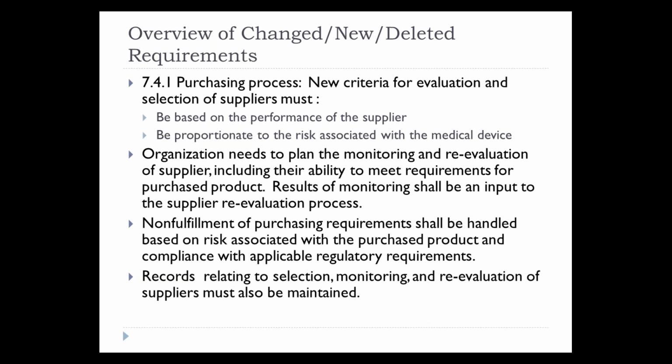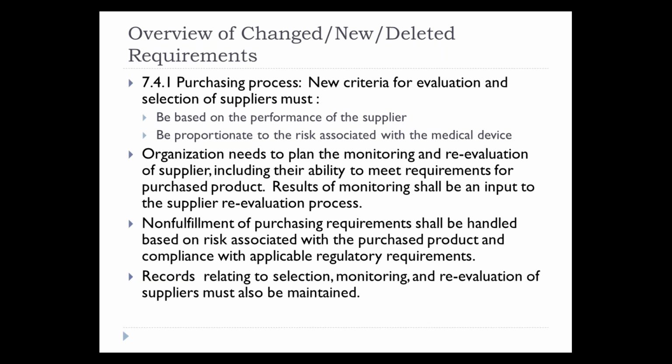The organization needs to plan the monitoring and reevaluation of the supplier, including their ability to meet requirements for purchased product. Results of monitoring shall be an input to the supplier reevaluation process, which makes sense. You're collecting data on supplier performance that needs to flow back into your supplier evaluation loop. Non-fulfillment of purchasing requirements needs to be handled based on the risk associated with the purchased product and compliance with applicable regulatory requirements.